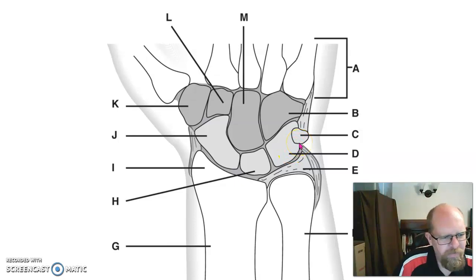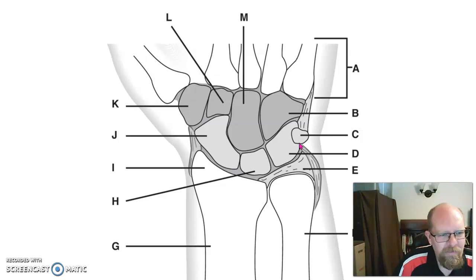Now here's a question for you. Are you looking at the anterior or posterior view of the hand? If you need to hit pause and think about it, go for it. The answer is the anterior surface of the hand.